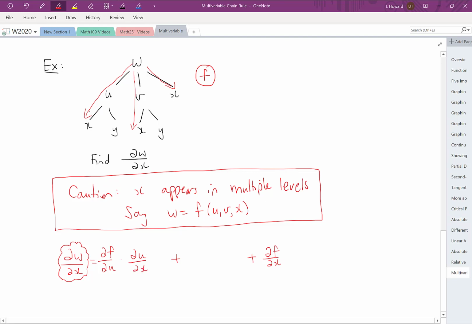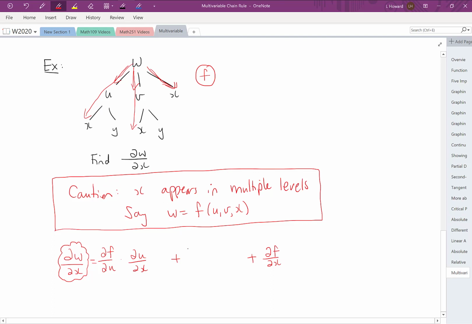So everything's fine in moving from the second to the third level. There's no need to do this business of naming the function. It's just in the first level, because x appears in multiple levels, that we have to be a little bit careful. So instead of saying partial of w with respect to u, partial of w with respect to v, etc., we're actually going to say partial of f with respect to u, partial of f with respect to v. And that way we're really clear that we're just talking about the partial derivative that's coming up from the first part of the path. There's no confusion between the different levels.